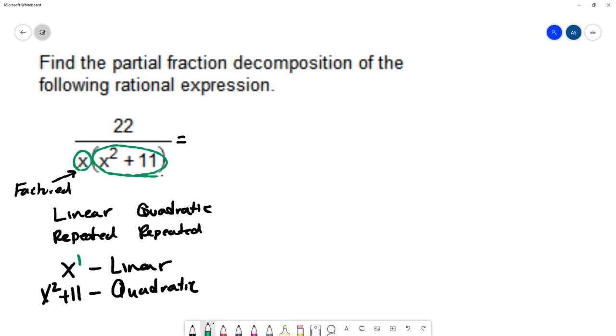And it's a quadratic because it's squared. And neither one of them are repeated. Now, just so you would know what it would look like if it were repeated, repeated would have maybe a squared here or a cubed here. So these are not repeated.